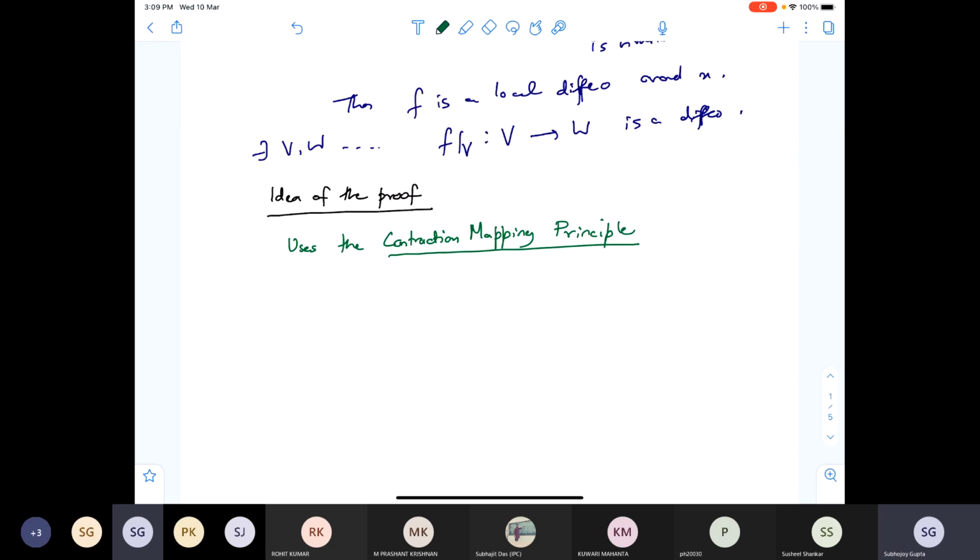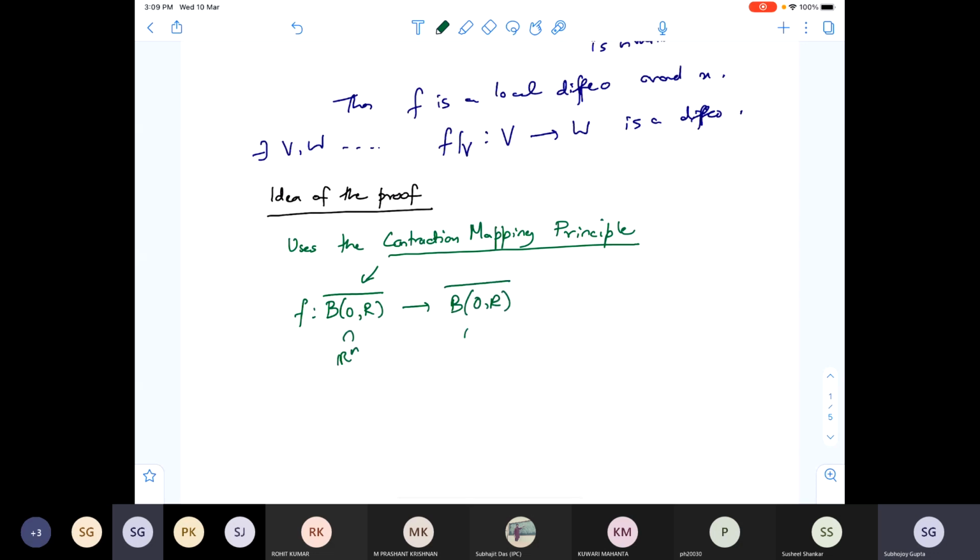So one of the proofs uses the contraction mapping principle, and what does this say? Well, in this context, we're just going to need it on, let's say, closed balls to itself. So suppose you have a map. Let's call it F again, from a closed ball, all these in Euclidean spaces, right?